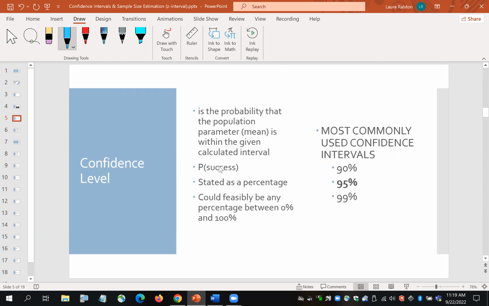We tend to see 99% used, especially in, say, medical research, where perhaps the outcome can be life-altering or life-threatening, if it's like a new medication or something. And so we use the higher confidence level because we want to make sure that we are correct.